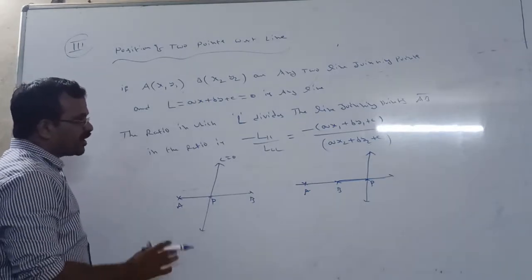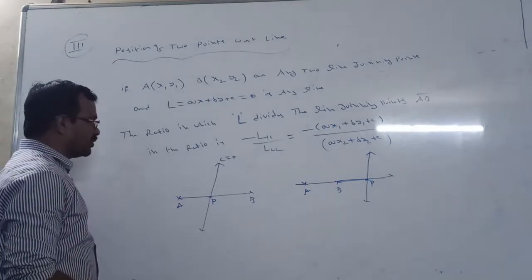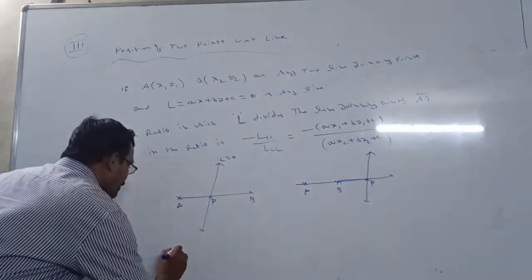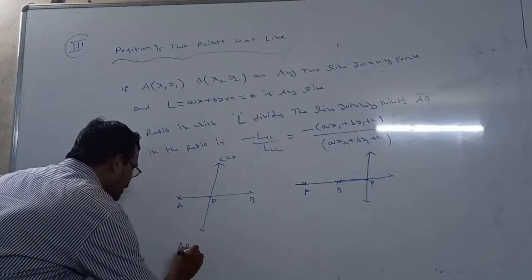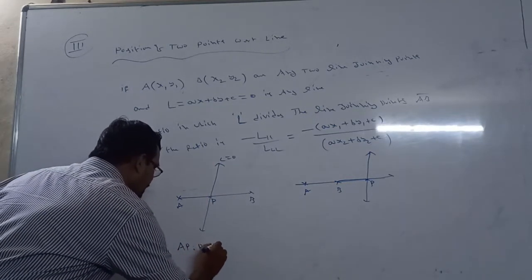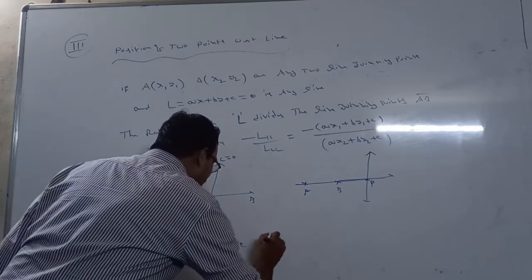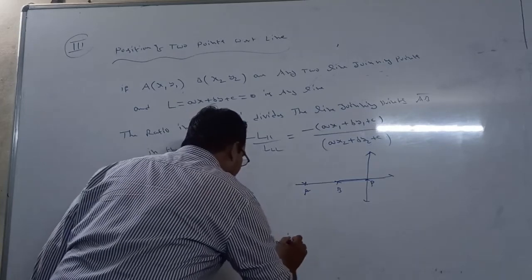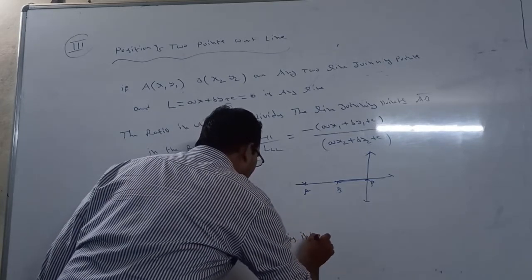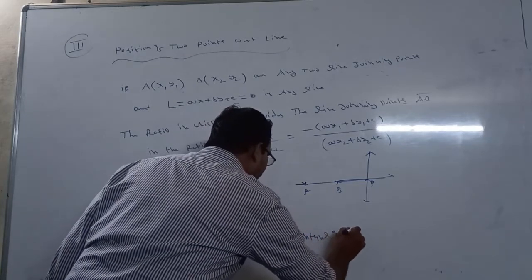So according to the ratio: if the ratio AP to PB is positive, the line is internal to AB.